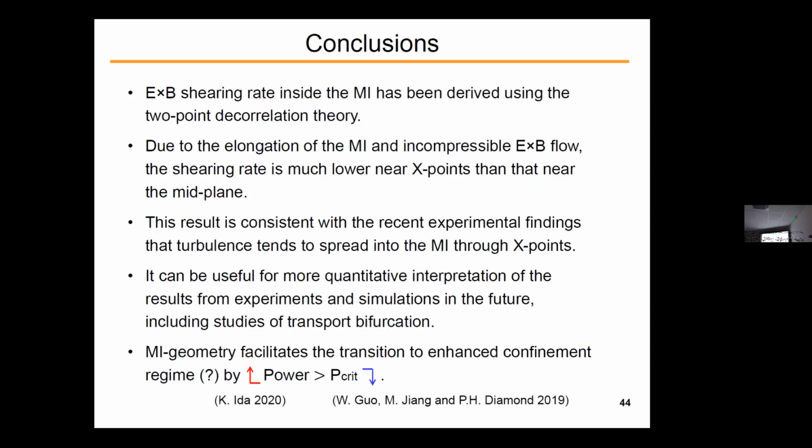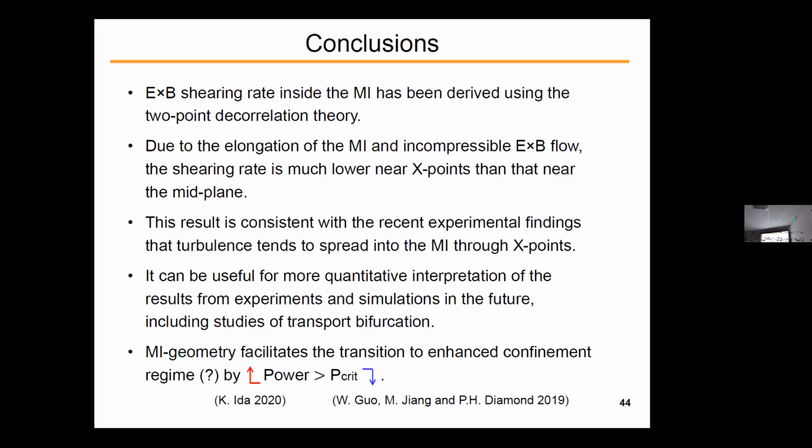You remember that this 3D experimental measurement has shown that even inside the magnetic island, near the O point, the microturbulence level was non-zero. And so our result can be useful for more quantitative interpretation of the results from experiment and simulations in future, including the studies of transport bifurcation.